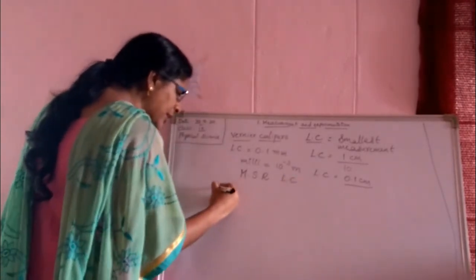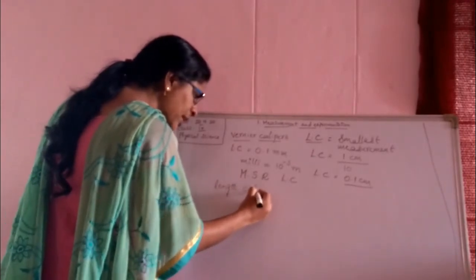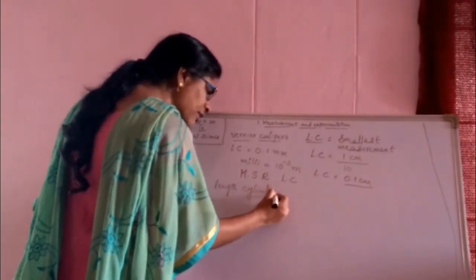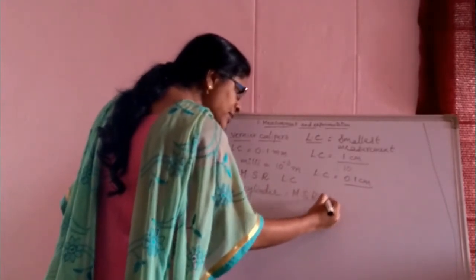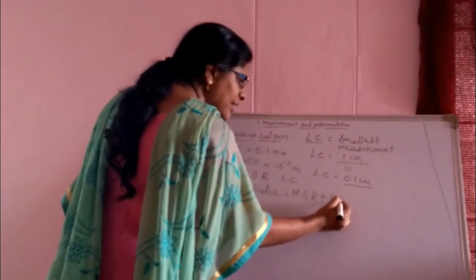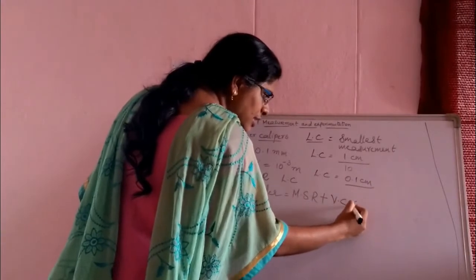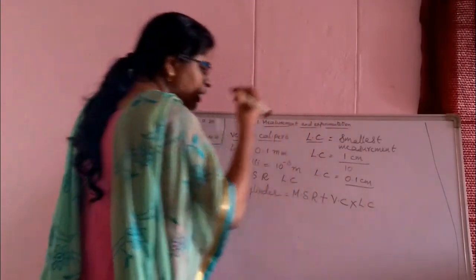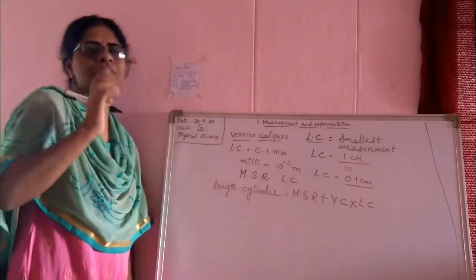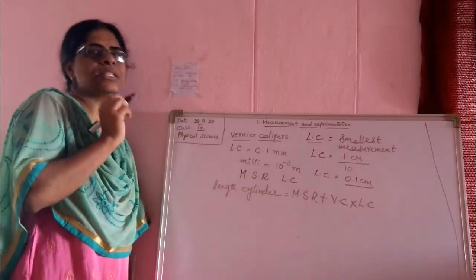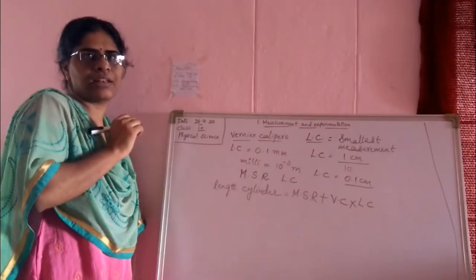In order to find the length of the cylinder, the formula I have told you is MSR plus LC into vernier coincidence. On the vernier calipers, you have two scales. One is main scale reading and the another one is the vernier scale.